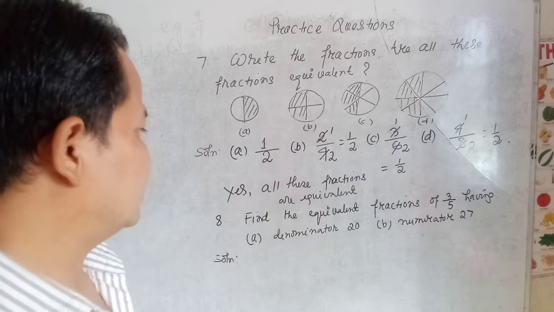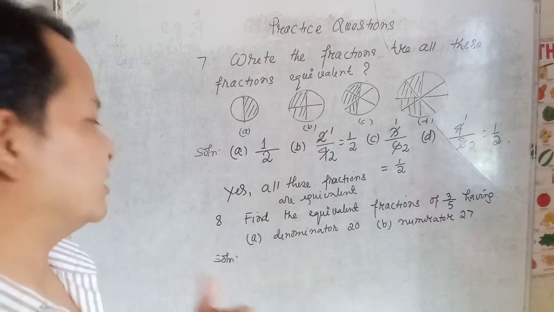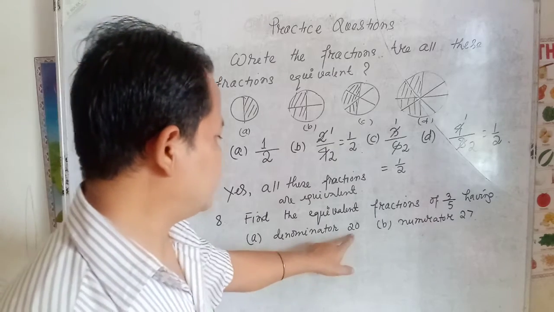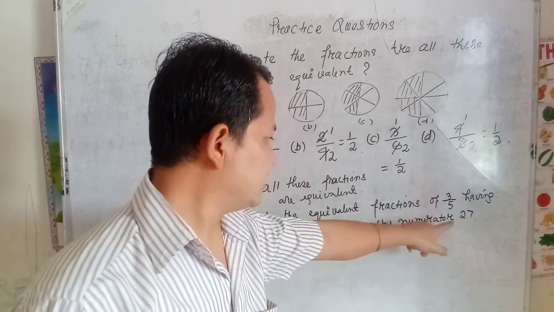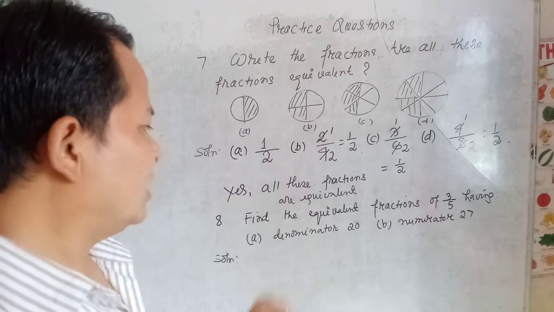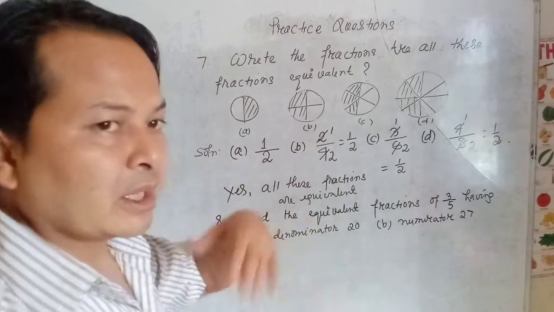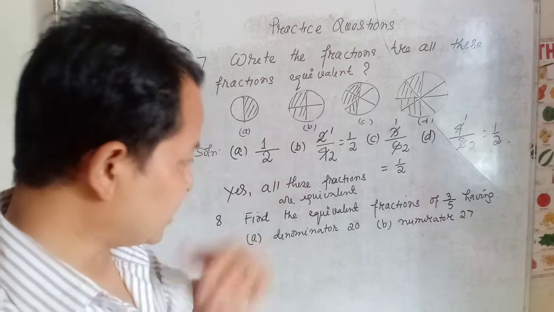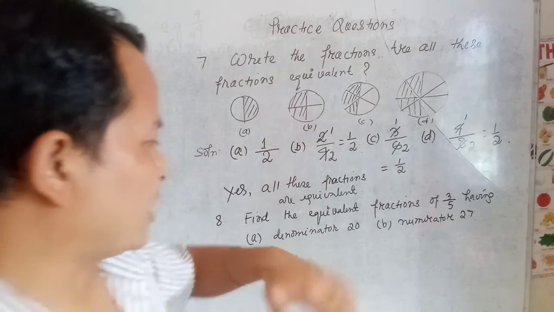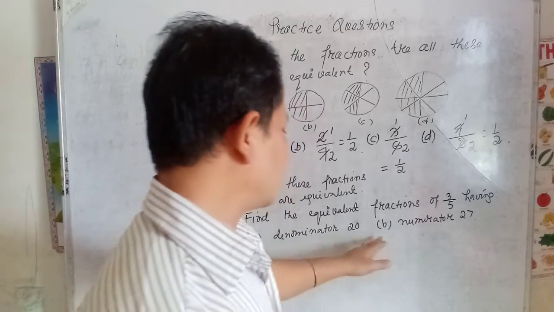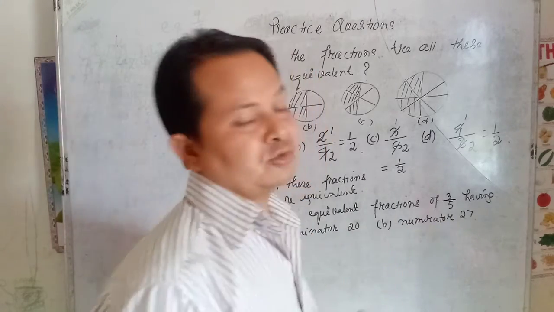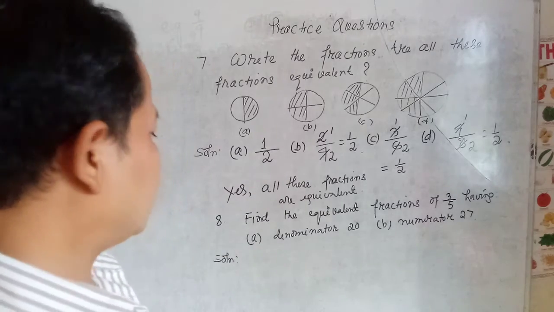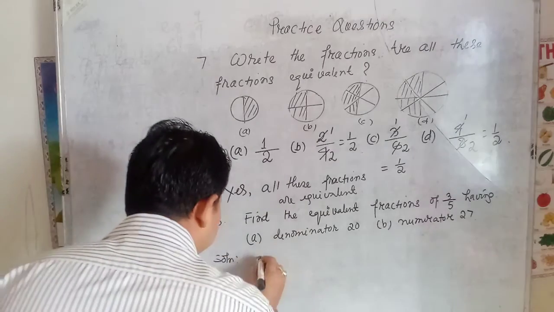In this question, we have to write another equivalent fraction whose denominator is 20, and in part B, another equivalent fraction whose numerator is 27. So here also we have two questions. Now let us have A.